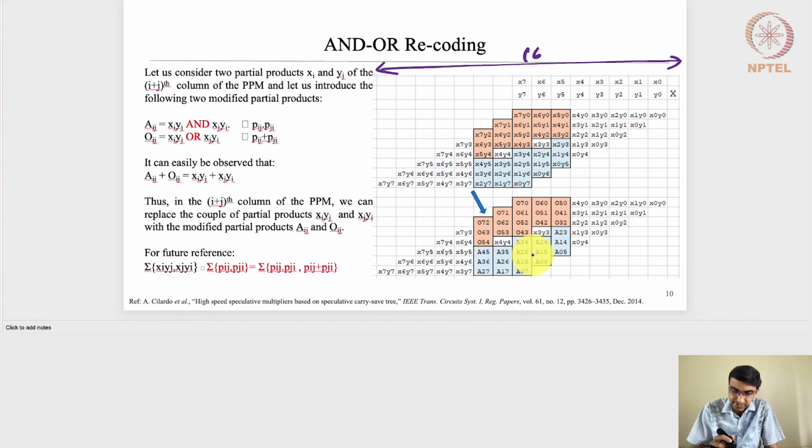So what we really need is xi and yj of the I plus jth column, right?